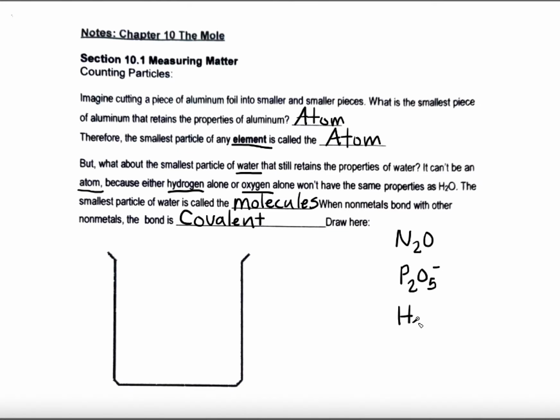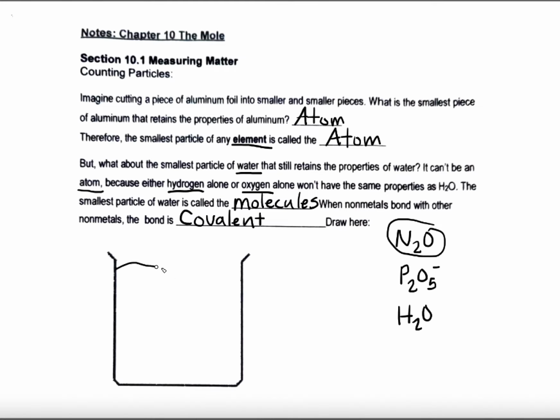They are things that have only nonmetals. Nitrogen and oxygen, nonmetals. Phosphorus and oxygen, nonmetals. Hydrogen, oxygen, all nonmetals.